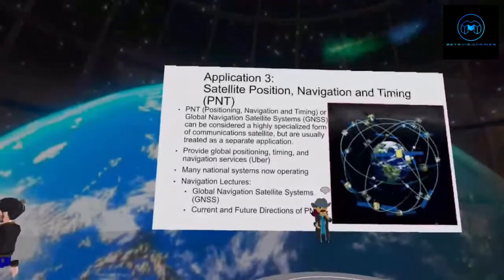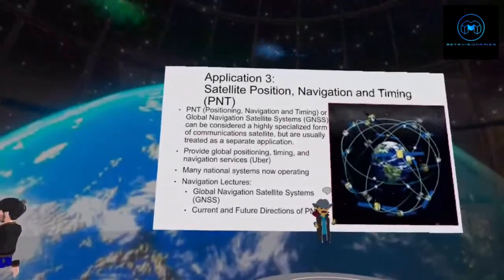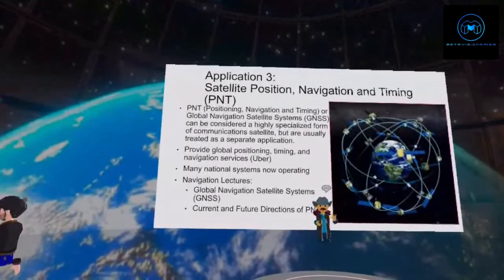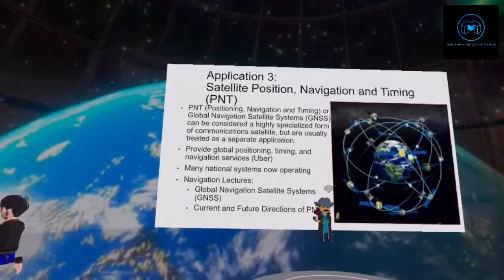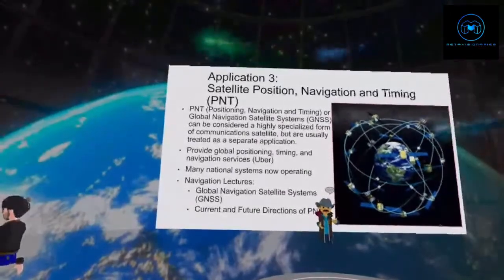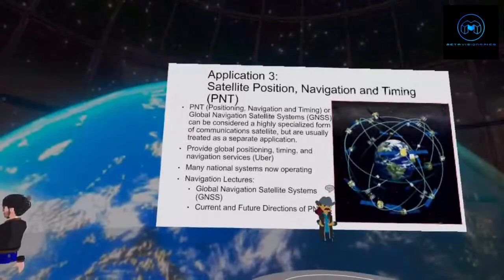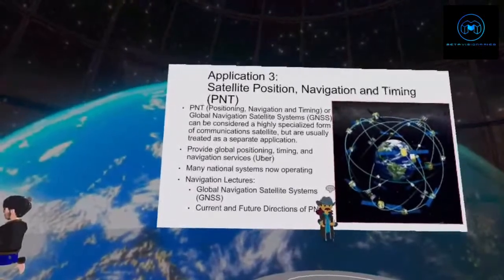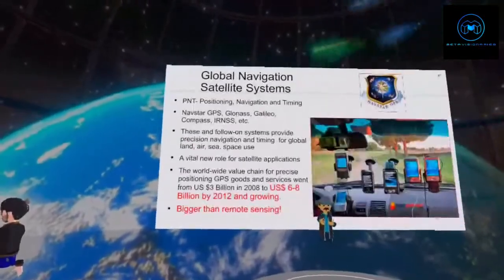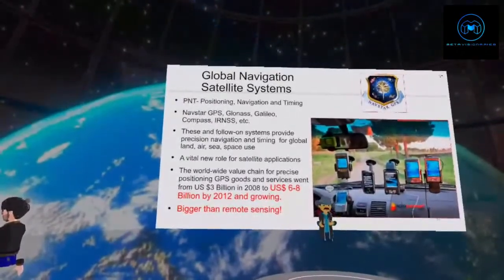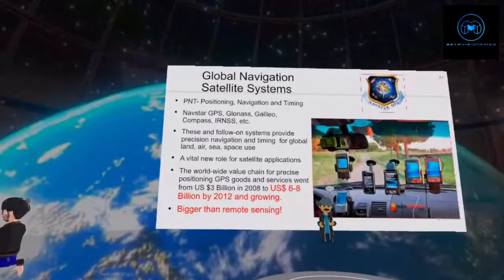And I'm going to give you a complete lecture on this topic. It's fascinating. It's really interesting. It's driving all sorts of new commercial applications, things like Uber and Lyft, high precision timing. And it's now actually a larger commercial market than remote sensing, although it's much more recent.